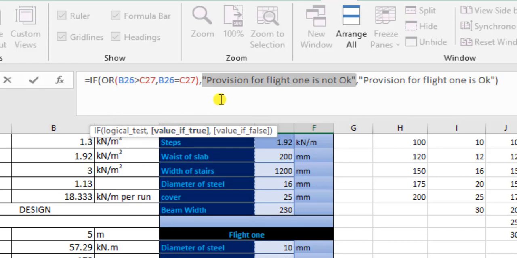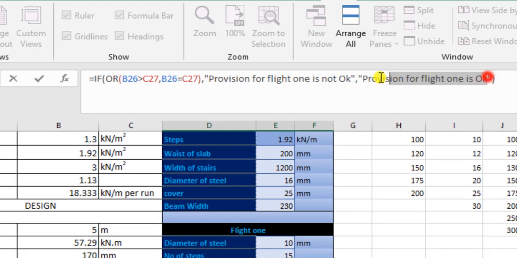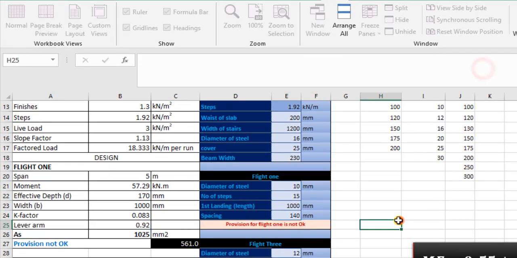Now that value is what? What is the true value? If this happens, what should happen? Provision should bring out the text "Provision for flight 1 is not okay." But if it is the other way around, this is the next value if not true. If this expression is not true, it should bring out this one. So that is how that is being achieved.